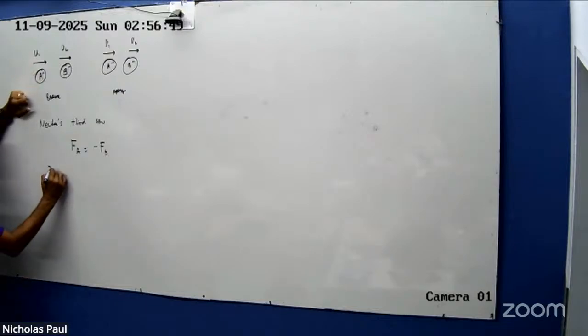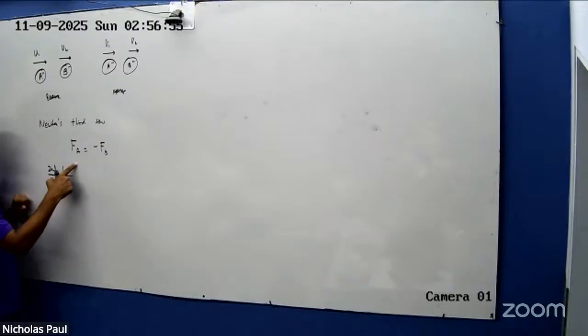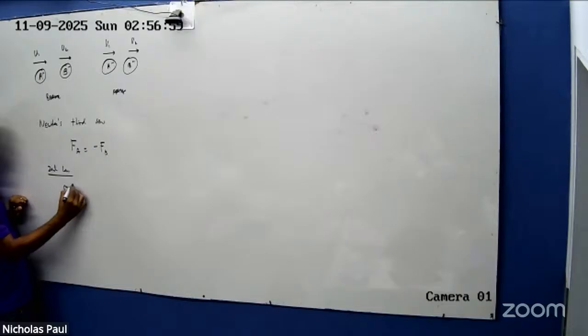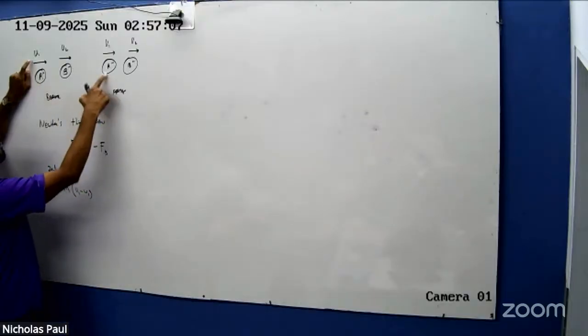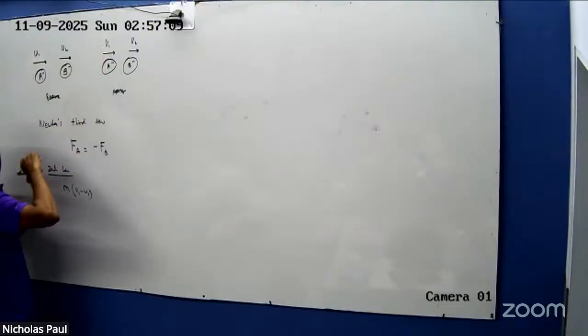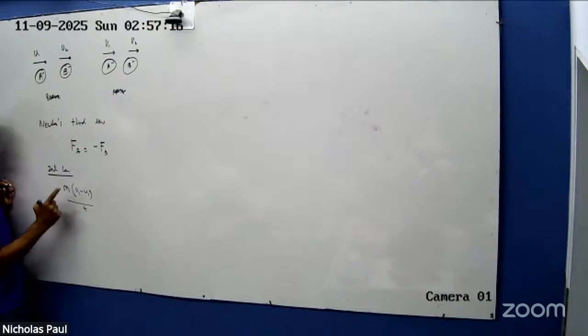From Newton's second law, what do we know? What is the force on A? The force on A will be the mass times the change in velocity, that will be v1 minus u1. So the velocity of A changes from u1 to v1. That's okay? All over t. That's Newton's second law.